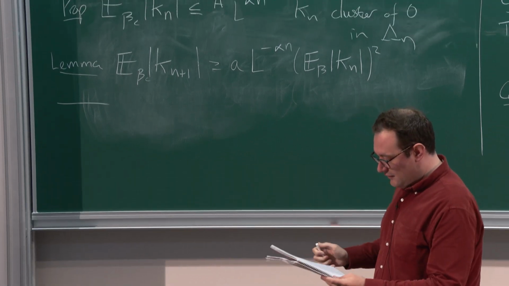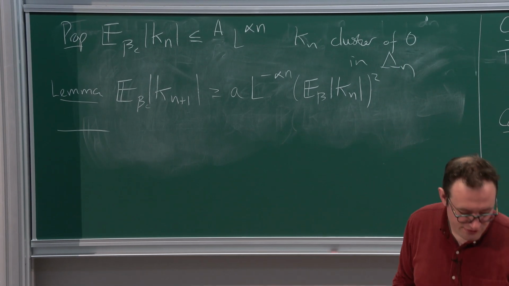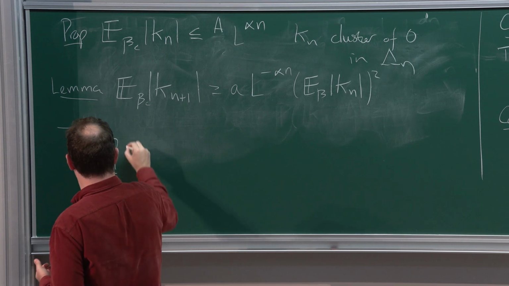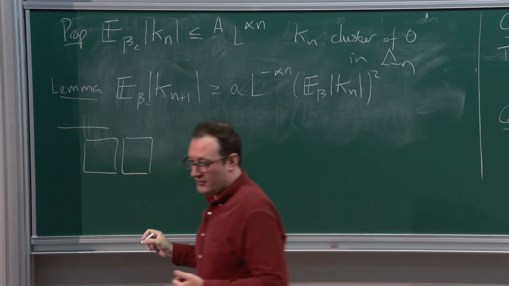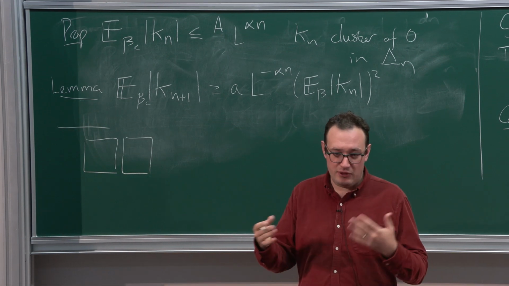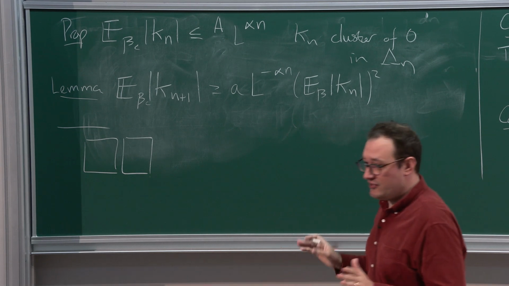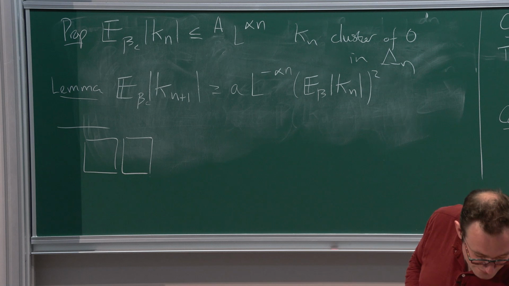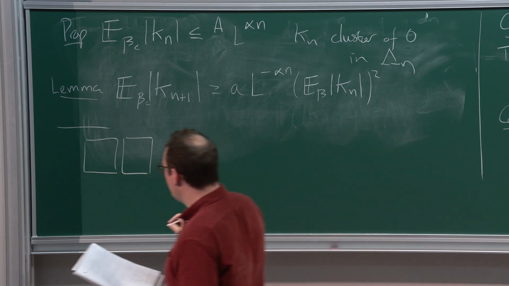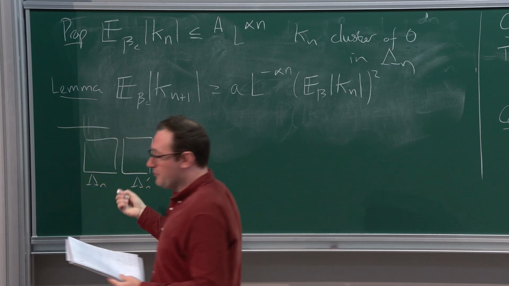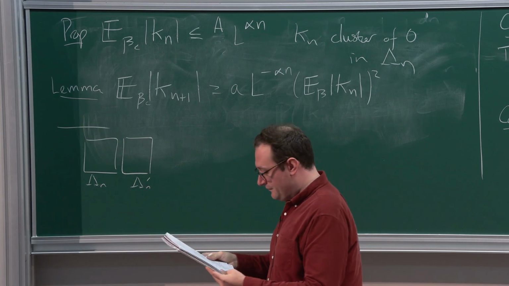So, how are we going to do the lemma? We'll take two blocks next to each other. There'll be more than that when you go up one scale. Of course, in general there's L to the D, but we just need two of them. Let me call these lambda n and lambda n prime, two copies of the n block next to each other.